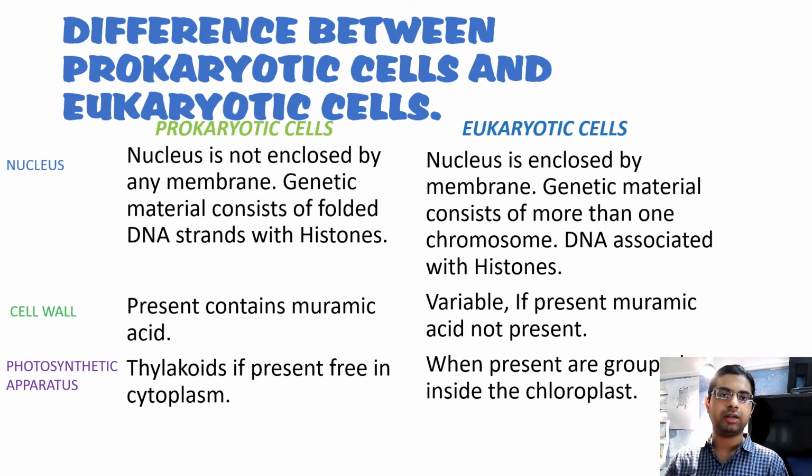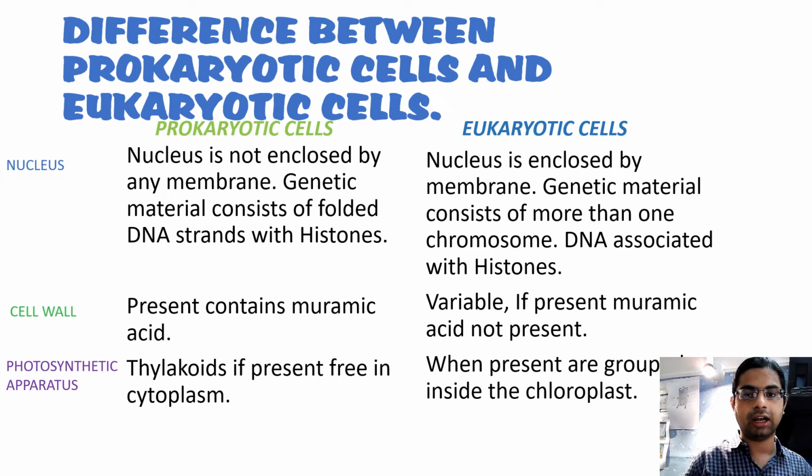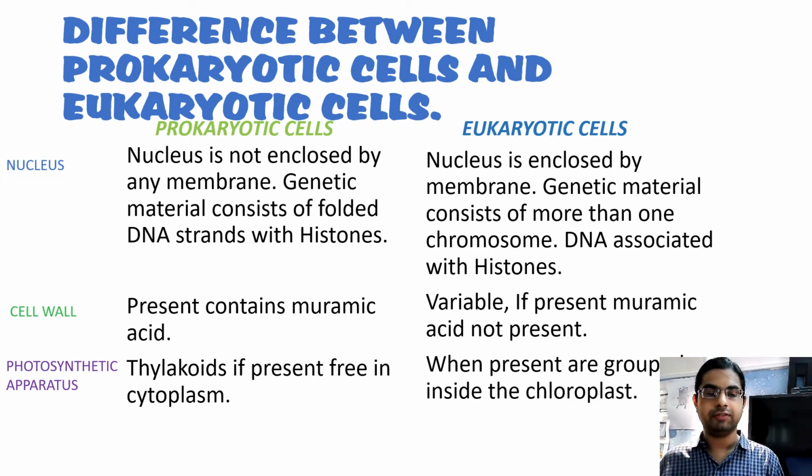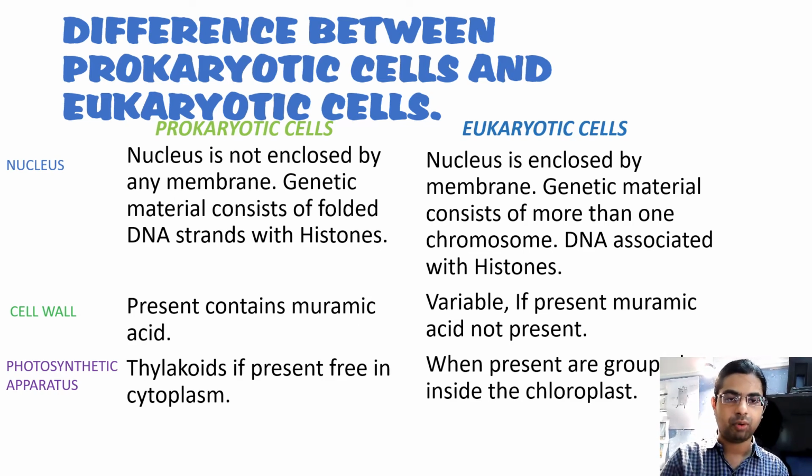Photosynthetic apparatus: in prokaryotic cells, thylakoids, if present, are free in the cytoplasm, and in eukaryotic cells, when present, they are grouped inside the chloroplast. These terms, thylakoids and chloroplast, I will explain in detail in my later videos. This is just a difference you should remember. I'll discuss every point which is not known to you in my later videos.